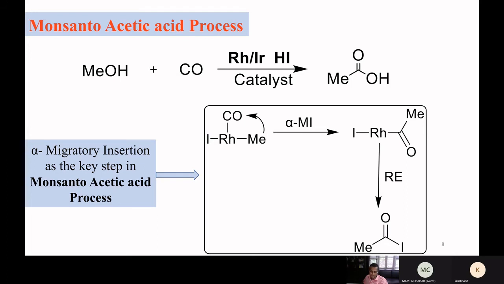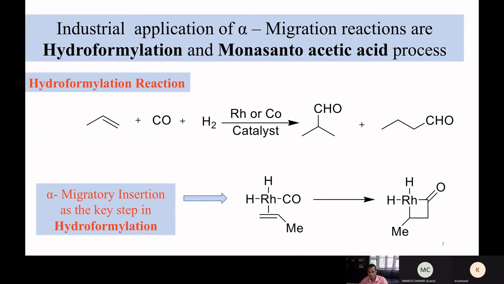I hope I'm briefly able to tell you today about two important industrial processes, hydroformylation as well as the Monsanto acetic acid process, by utilizing the simple principles that we have discussed so far in these classes.